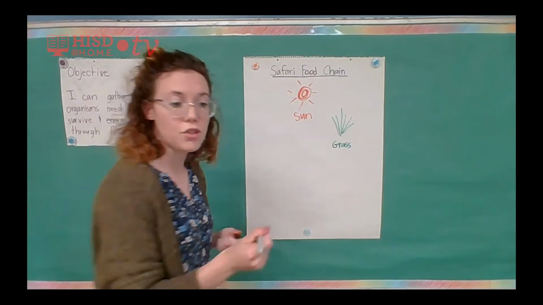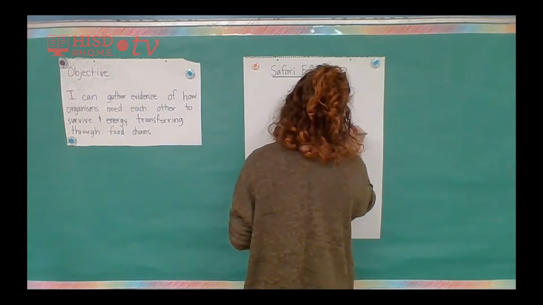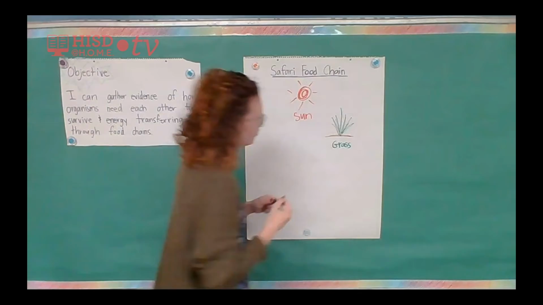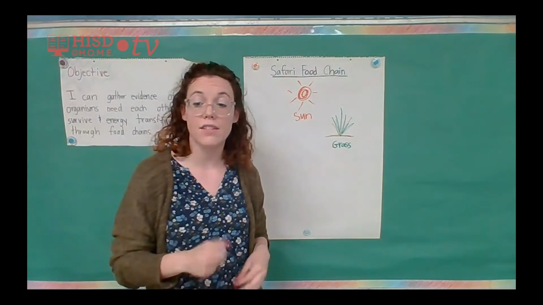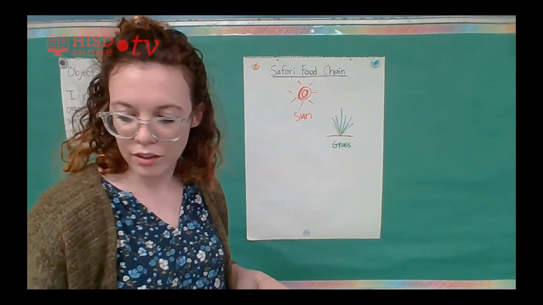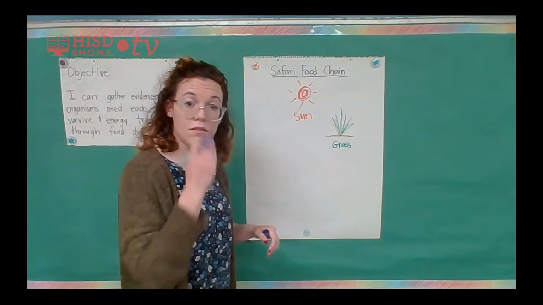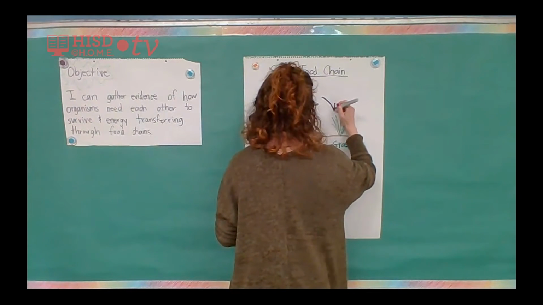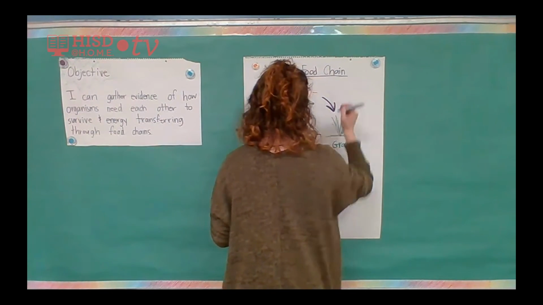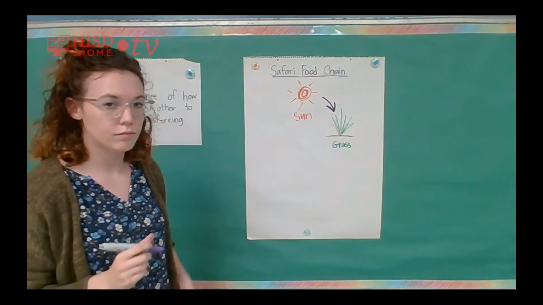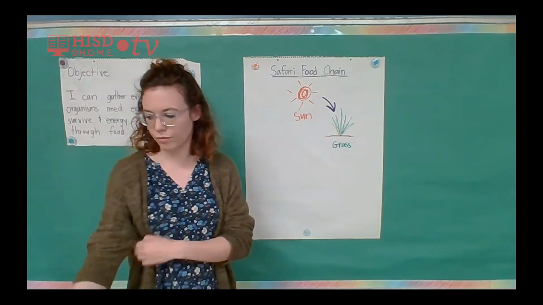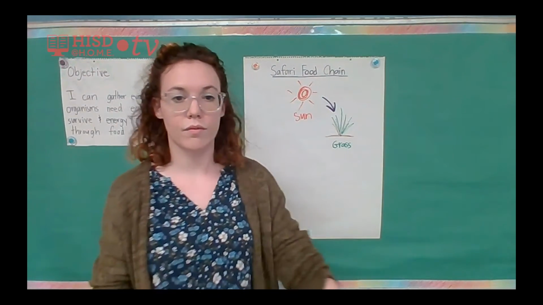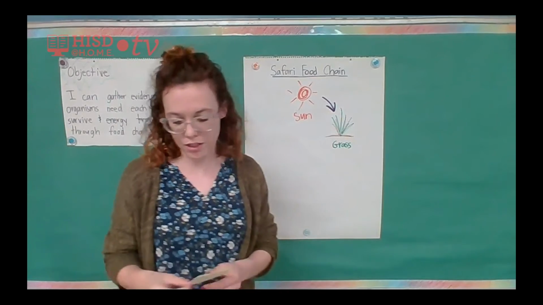So I'm going to add a little bit of brown to it, as well as show that the energy is transferring from the sun to the grass. All right, I will give you guys 30 more seconds to draw this.